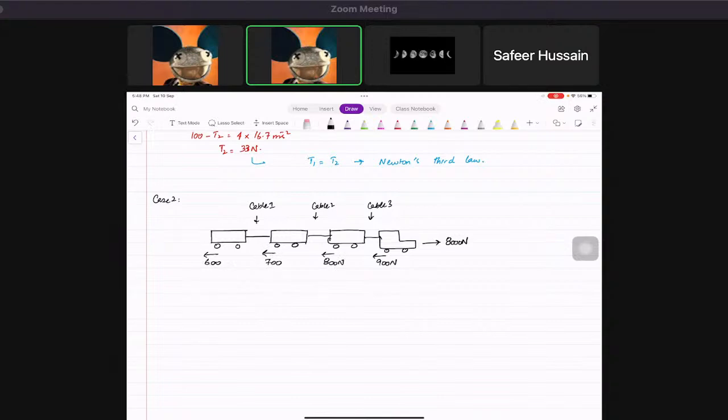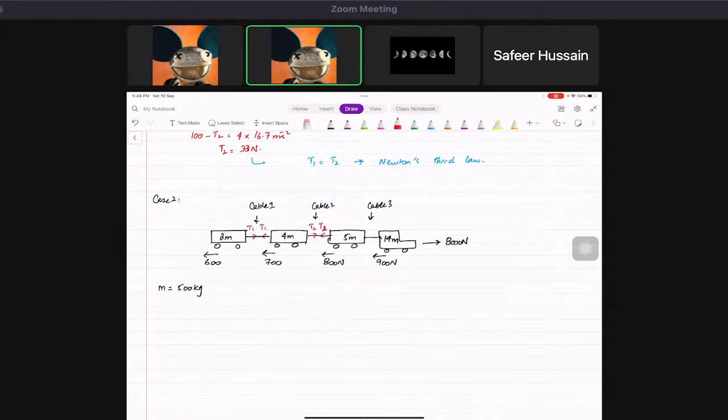And they say M is equal to 500 kg. This is 2M, this is 4M, this is 5M, and this is 14M. They say you just need to find the force in each cable.